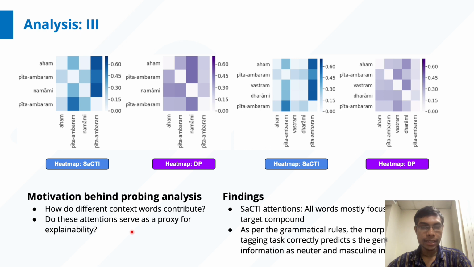So we found that in the classification attention, all the words mostly focus on the target word, and as per the grammatical rules, the morphological tagging task correctly predicts the classes. Especially if you see that in the first setting the compound word is focusing on Namami, and in the second setting Pitambaram is correctly pointing out to Vastram as per their meaning.